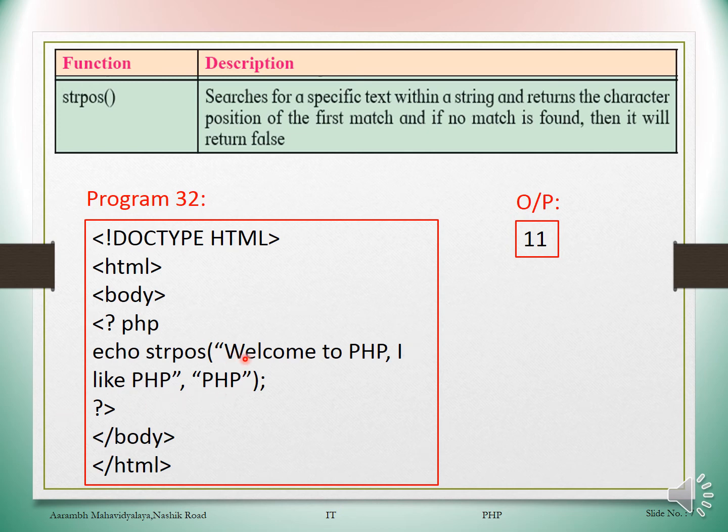Here it will count from the first position, that is the first letter, and it will find the matching string at this location. Now currently this P is at the 12th position, but our output is 11. Why is it 11? Because our starting position starts from the 0th character. 0, 1, 2, 3, 4, 5, 6, 7th is the blank space, 8, 9, 10th is again a blank space, 11 is again a blank space, and P is at the 12th position.